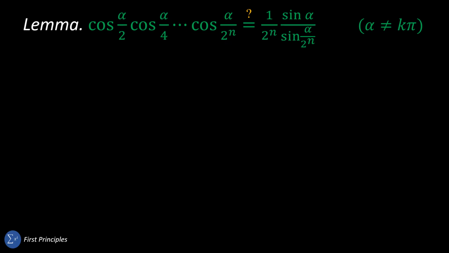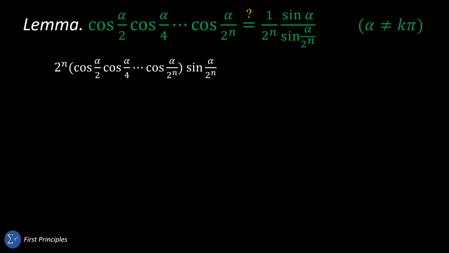So if I start from the left hand side and multiply it by 2 to the power of n times sine of alpha divided by 2 to the power of n, which is simply the denominator of the right hand side, I should show that this is equal to sine of alpha. If I show that, it is the same as the lemma identity at the top.